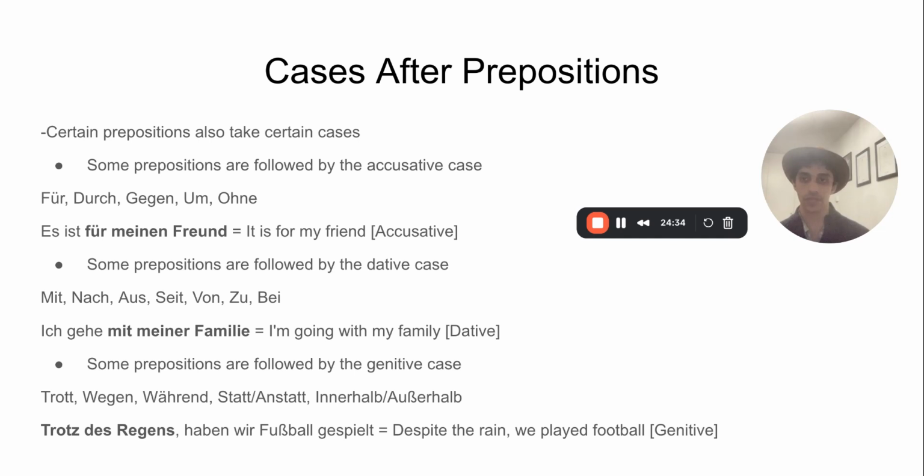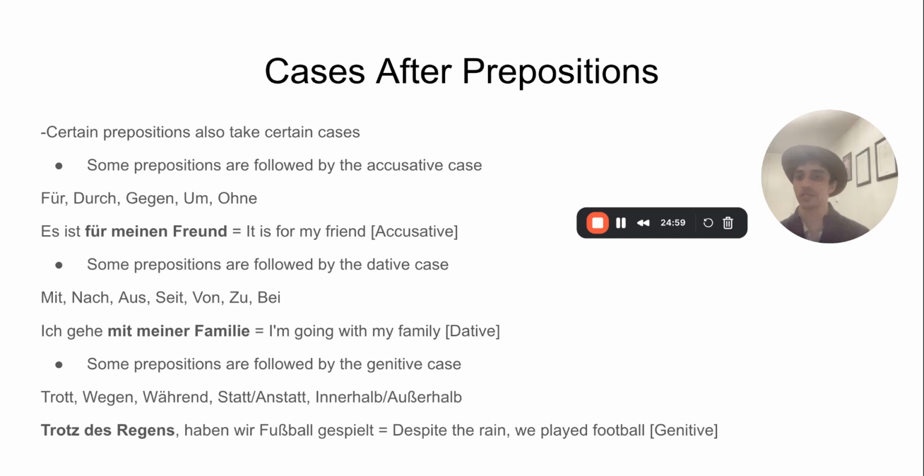So there are certain prepositions that are simply followed by the accusative case, like für, durch, gegen, and ohne, for example. Für meaning for, durch, through, gegen, against, which can have several meanings, can mean around, for example, ohne, without. All of those prepositions, the word or the noun that comes afterwards, must go in the accusative case.